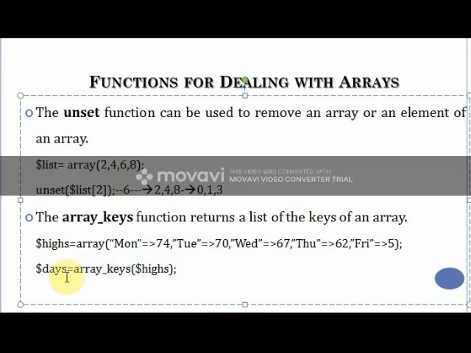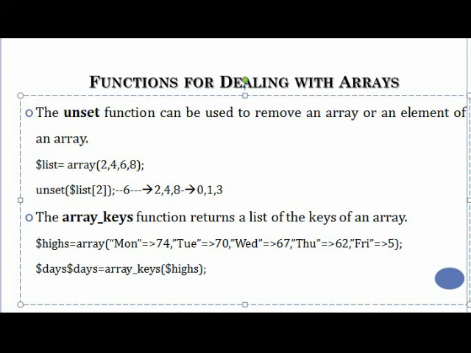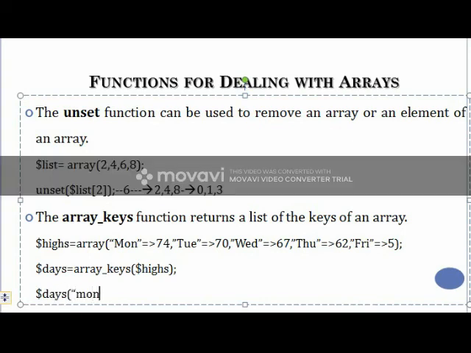Accordingly, your variable dollar days will have the value Monday, comma, TUE, comma, WED, like this.